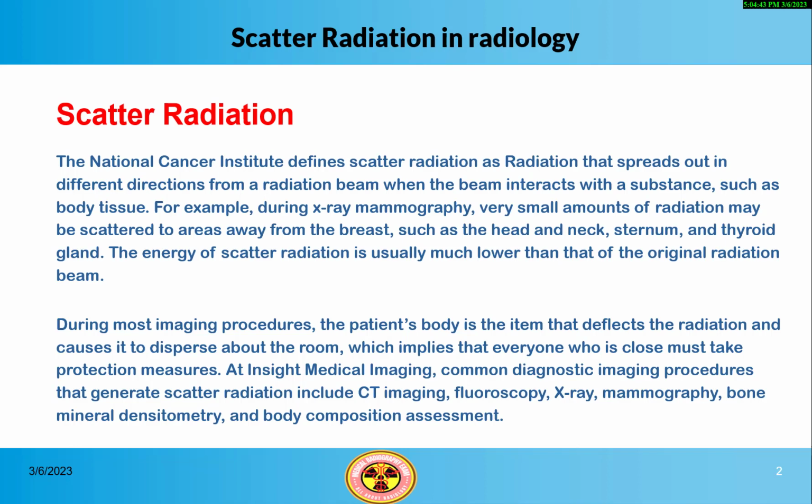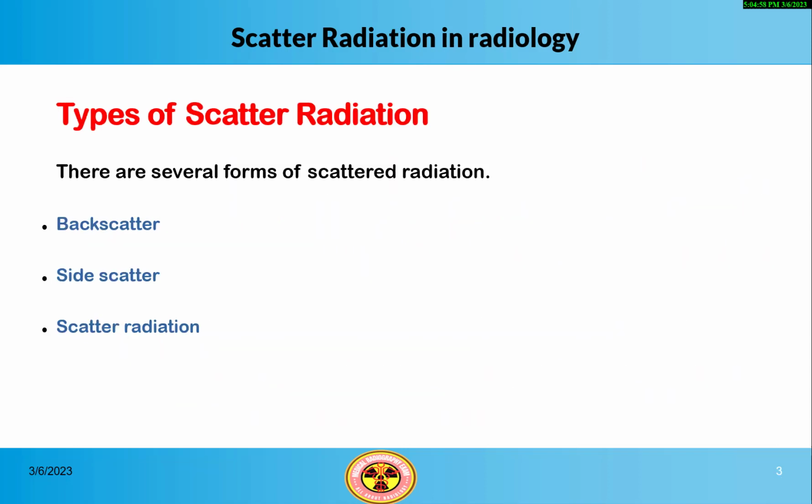At Insight Medical Imaging, common diagnostic imaging procedures that generate scatter radiation include CT imaging, fluoroscopy, X-ray, mammography, bone mineral densitometry, and body composition assessment. Types of scatter radiation. There are several forms of scattered radiation. First, backscatter.